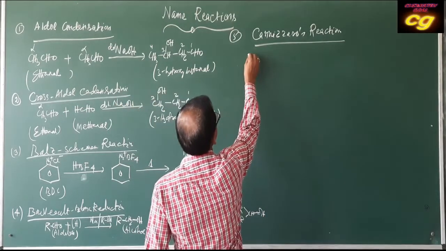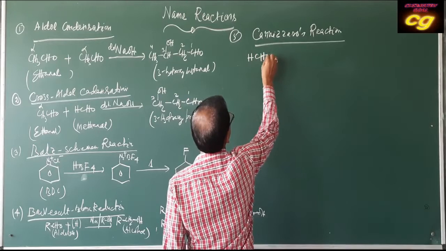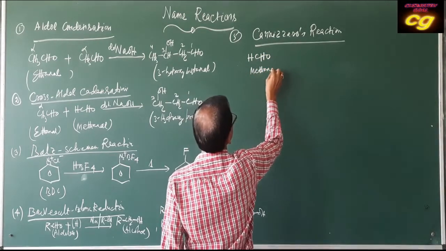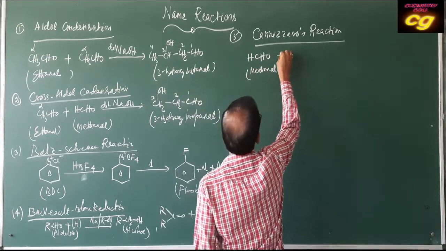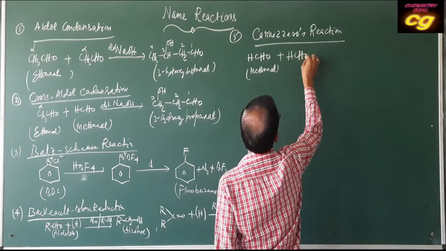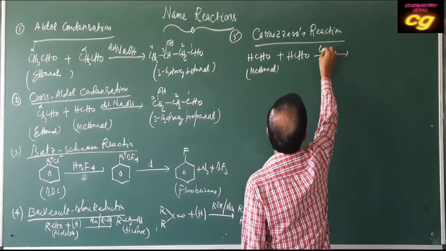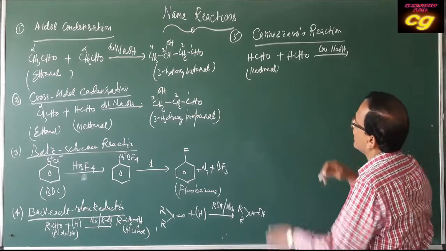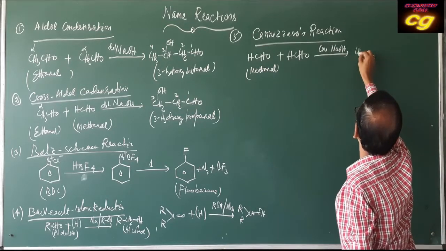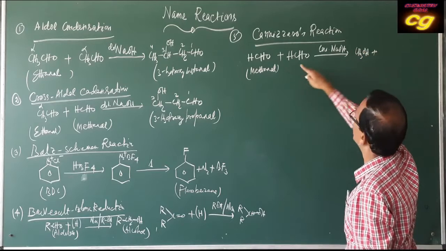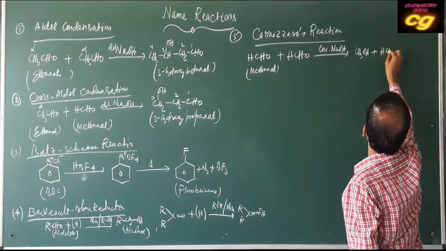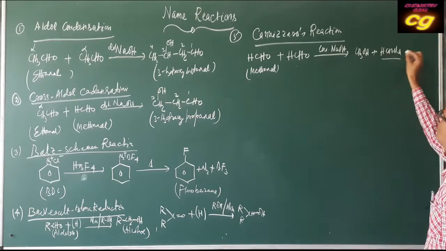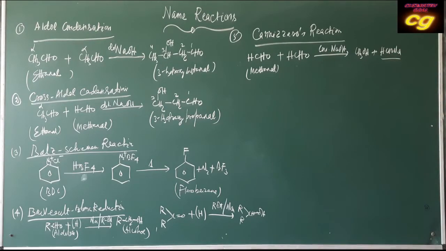You take one aldehyde having no alpha hydrogen atom, that is formaldehyde, as methanal, react with another methanal in presence of concentrated sodium hydroxide. One will be reduced to alcohol and the other will be oxidized to acid. As it is a basic medium, the product will be salt. Instead of acid, the product will be salt.